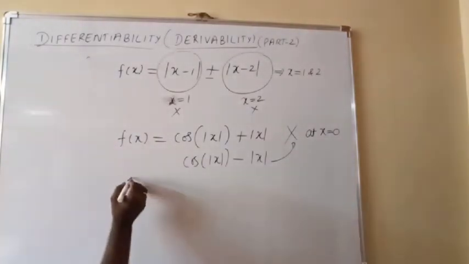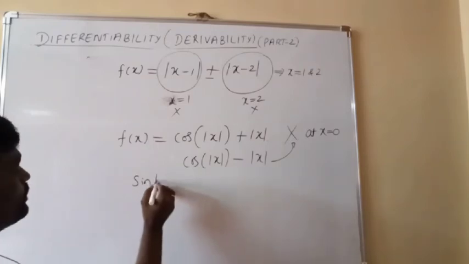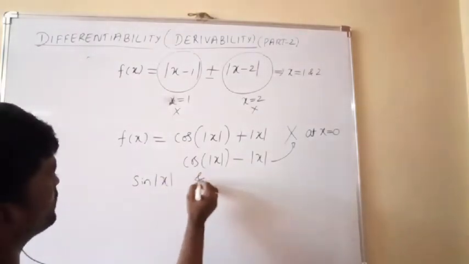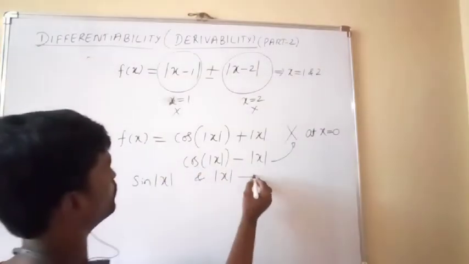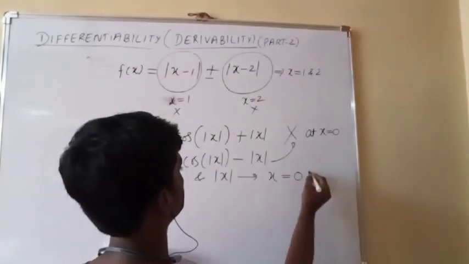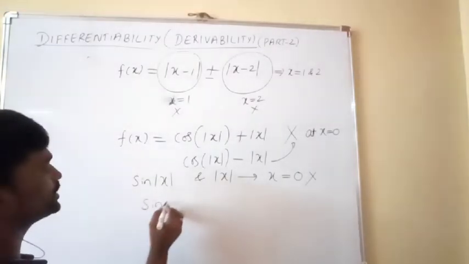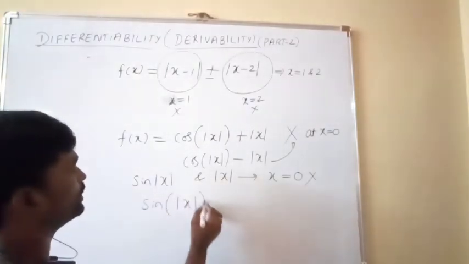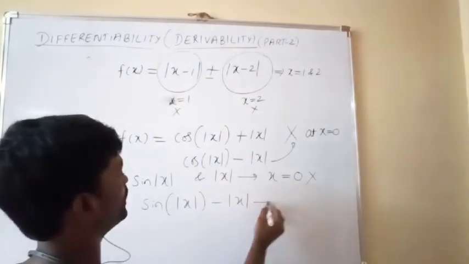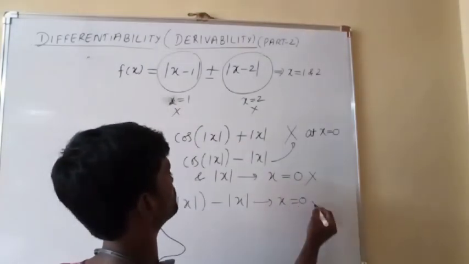Example, if I take sine mod x and mod x, both are not differentiable at x is equal to 0. But their difference, sine of mod x minus mod x, is differentiable at x is equal to 0.